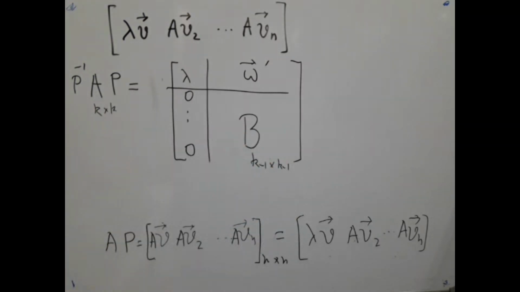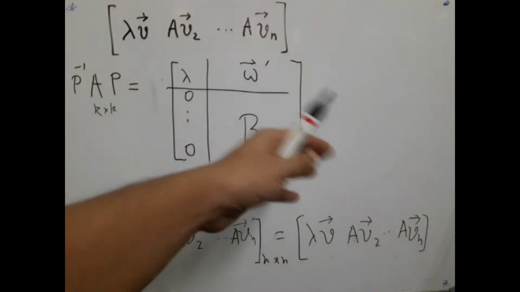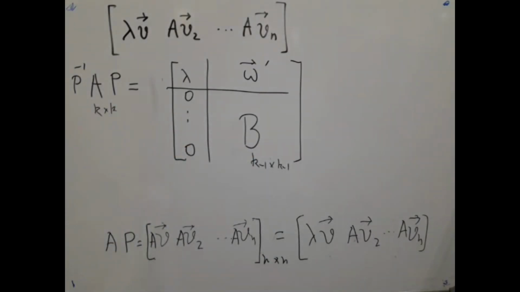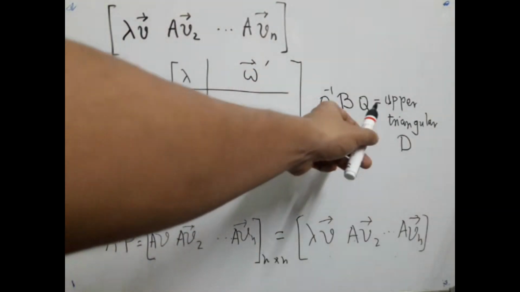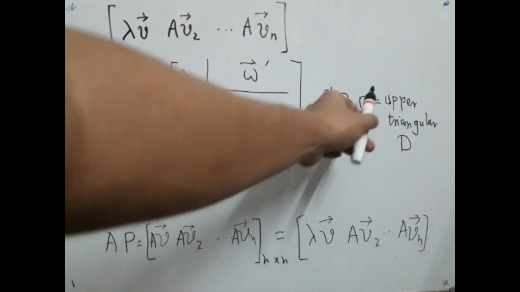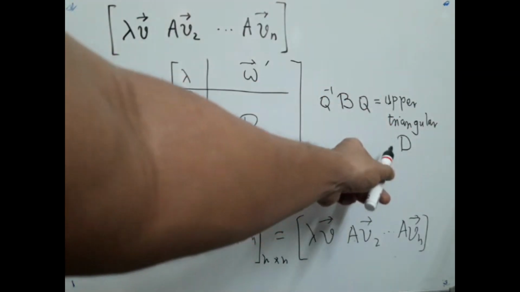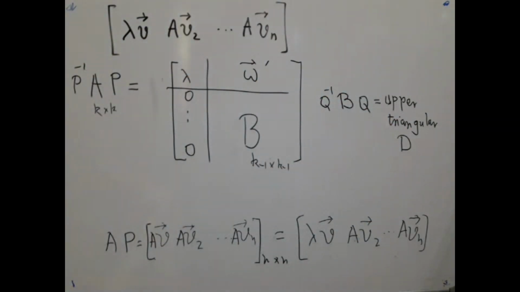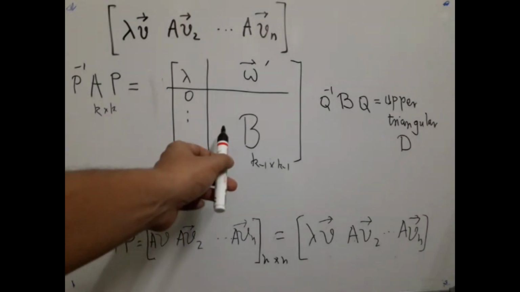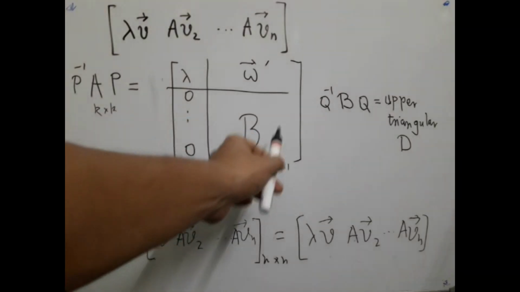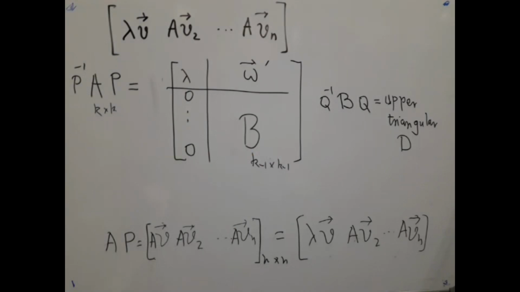So by the induction hypothesis, this itself can be expressed suitably as an upper triangular matrix together with two inverses on both sides. So let us say that for some non-singular Q, Q inverse BQ is upper triangular, and call it D. Now if that is the case, all that I have to do is multiply here by Q inverse and here by Q, and I'll be through.